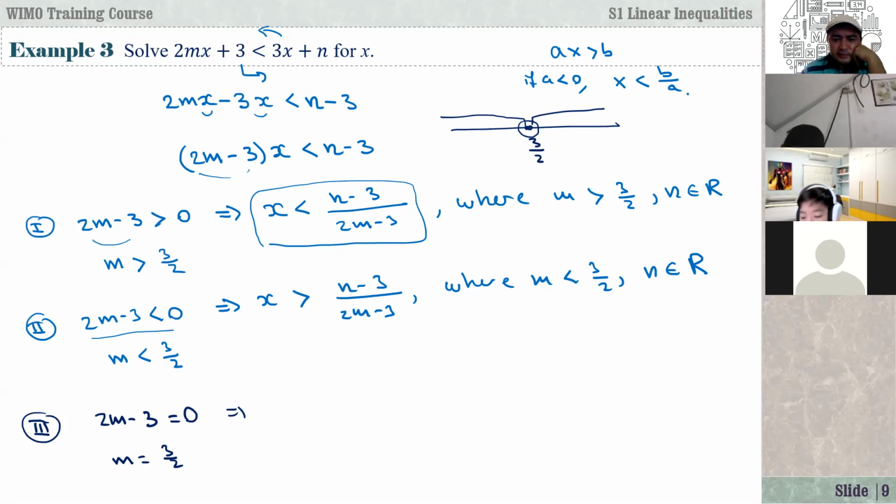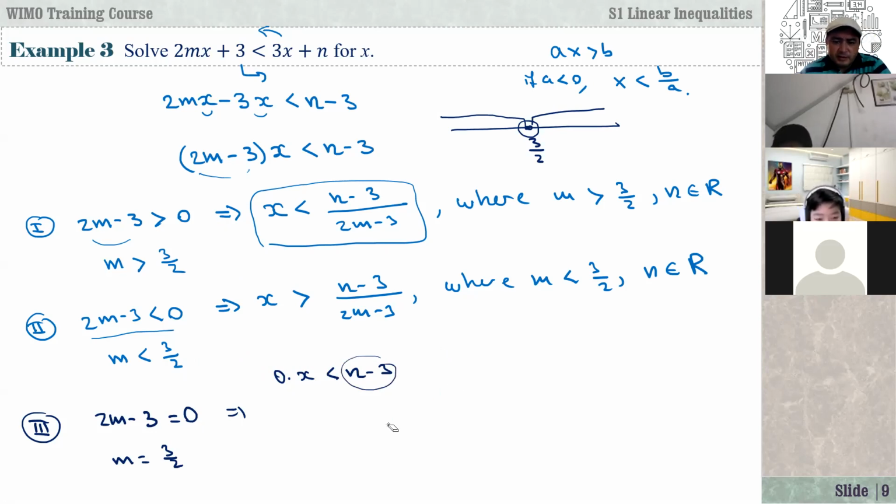Okay, guys, I need a little bit more space. Let me just divide here. On the left, I have 0 times x, right? Because 2m minus 3 equals 0. So 0 times x is less than n minus 3, right? Now it depends on this n, whether it is positive or negative.